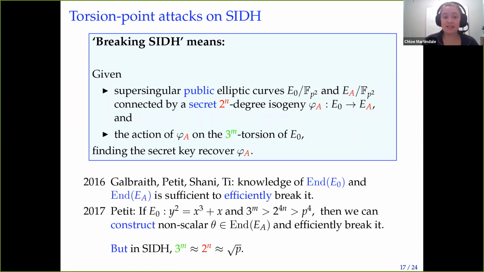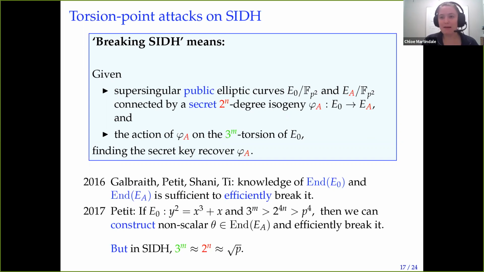And in 2017, Christophe Petit showed that, in fact, with E0, this special curve y squared equals x cubed plus x, which is the curve that's used in SIDH, or at least it's always close to the starting curve used in SIDH, and these very specific parameters, 3 to the m is greater than 2 to the 4n, n is greater than p to the 4.